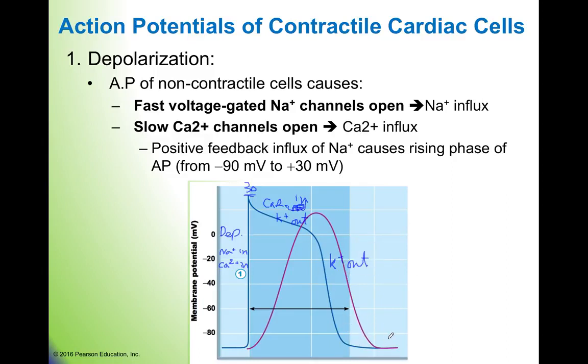And during this last stage, which is basically your resting potential, the main driving force would be your sodium potassium ATPase, as well as your leak channels. So that is the main concept I want you guys to understand right now. The four steps that are involved in creating the action potential in the contractile cells. And then we'll continue the concept on our next PowerPoint.